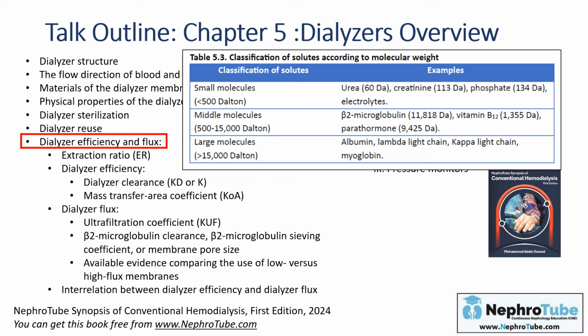Small molecules or small solutes have a molecular weight less than 500 Dalton, middle molecules have a molecular weight between 500 and 15,000 Dalton, and large molecules or large solutes have a molecular weight more than 15,000 Dalton. Small molecules are such as urea, creatinine, phosphate, and other electrolytes. Middle molecules, the most important for us till now is beta-2 microglobulin. Large molecules are such as albumin, light chains, and myoglobin.